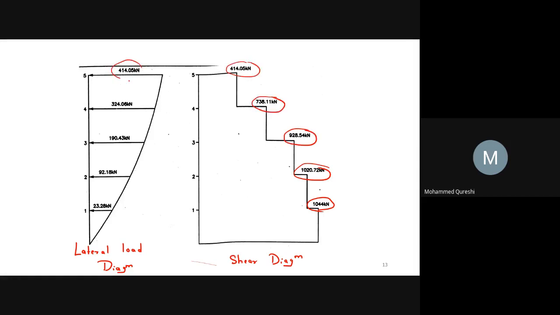You have to just indicate all these values in the respective diagram. So this is the end of the seismic coefficient method. We will calculate examples related to the other method in the next lecture. So thank you.